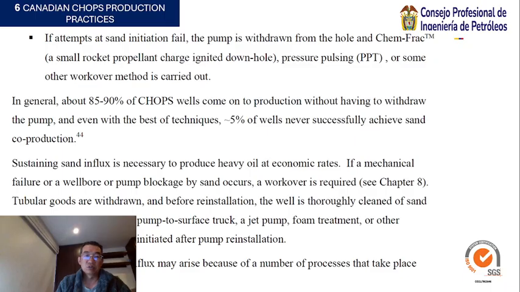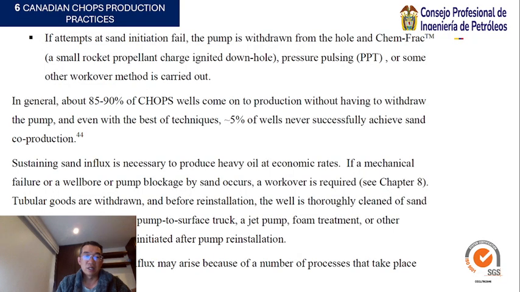Tubular goods are withdrawn, and before reinstallation, the wellbore is thoroughly cleaned of sand using a mechanical bailer, a pump to surface truck, a jet pump, foam treatment, or other techniques. Production is returned after pump reinstallation.